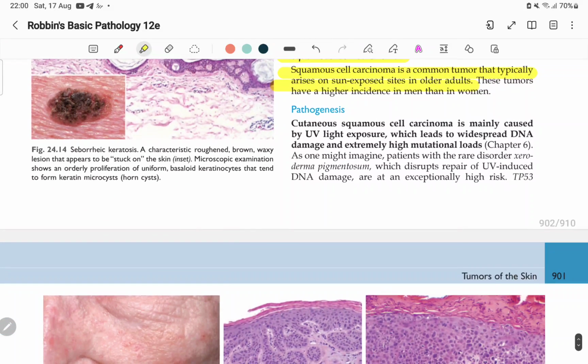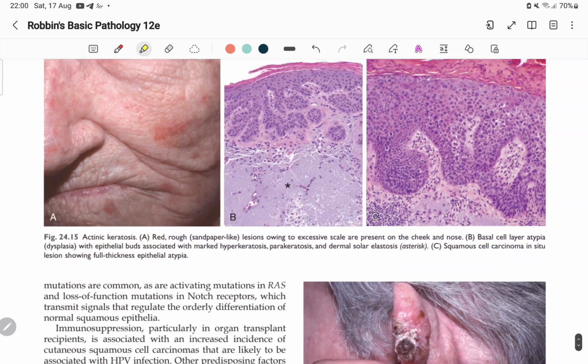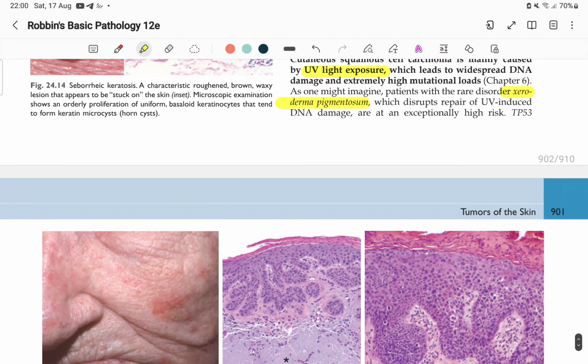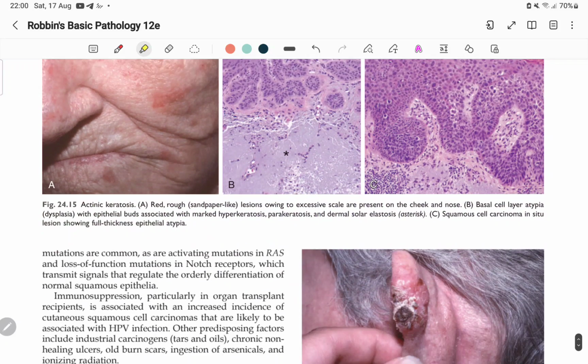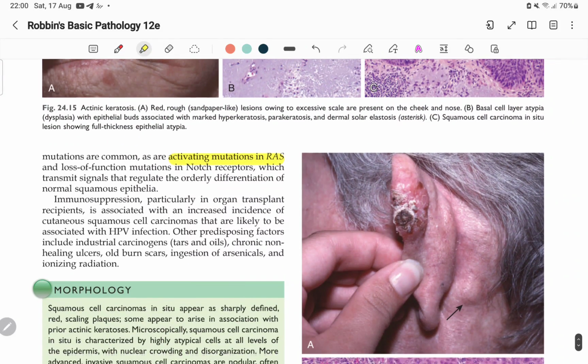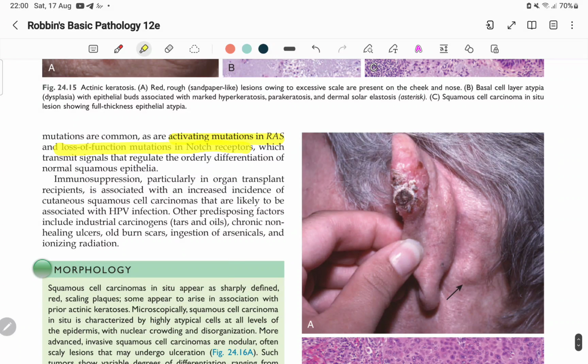The pathogenesis of squamous cell carcinoma is UV light exposure. Patients with xeroderma pigmentosum have an increased incidence of it. Some of the genetics associated are TP53, activating mutations in RAS, and loss of function mutations in Notch receptors.